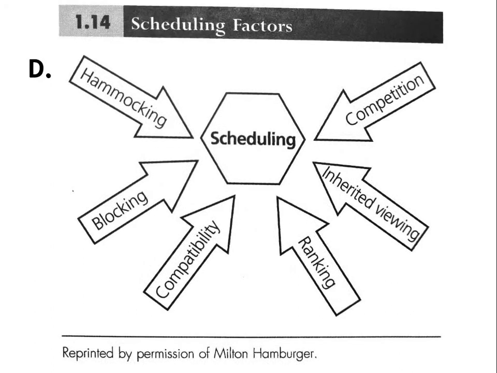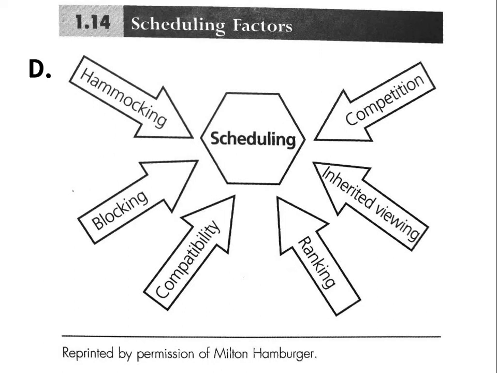Now, some factors in the scheduling of content. You have all these different terms here that we are going to talk about some of these as we go through. But you have hammocking, you have blocking, you have compatibility. Compatibility with schedule: is the content going to be appropriate for the time slot that it's in?